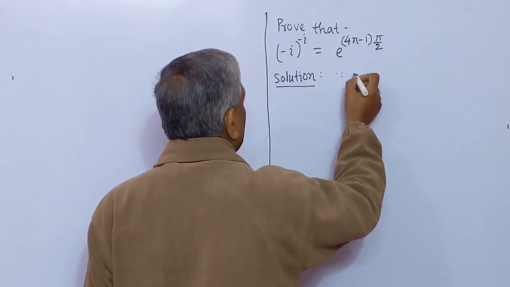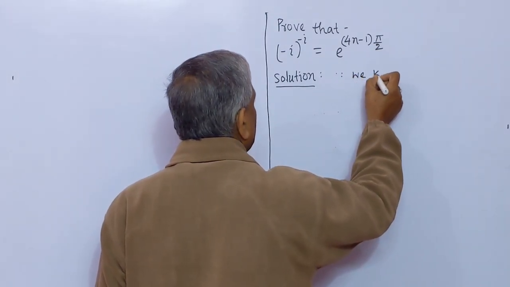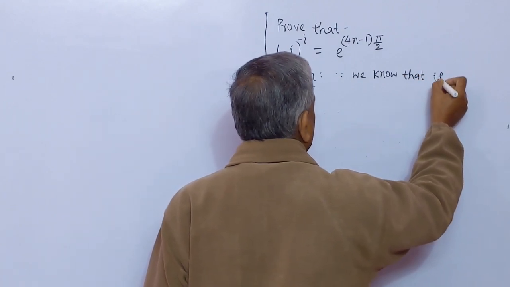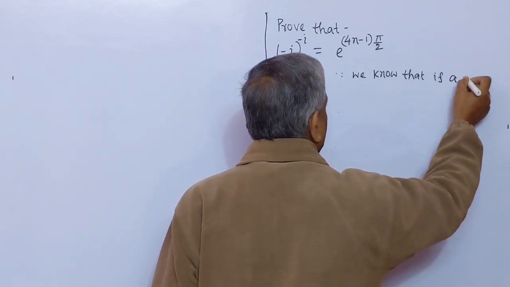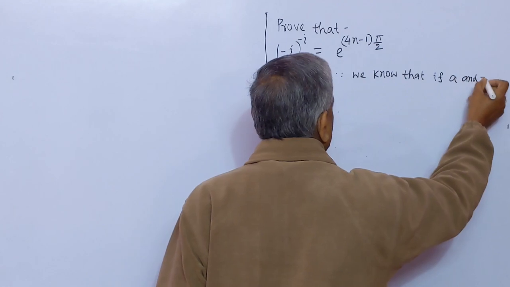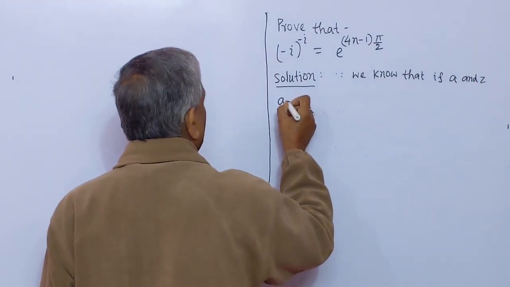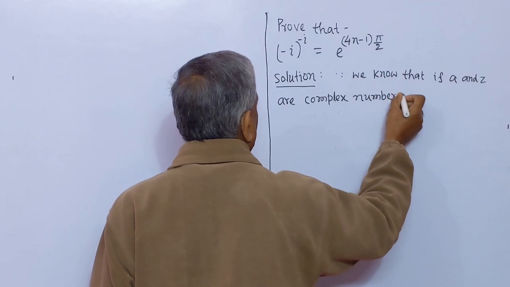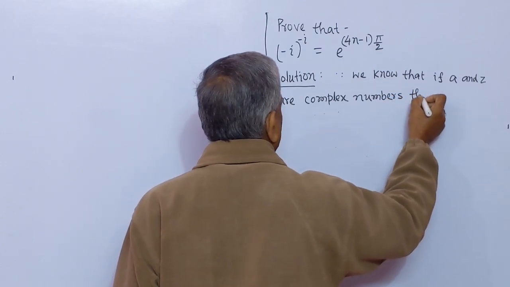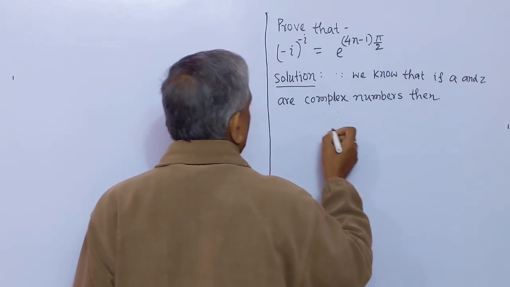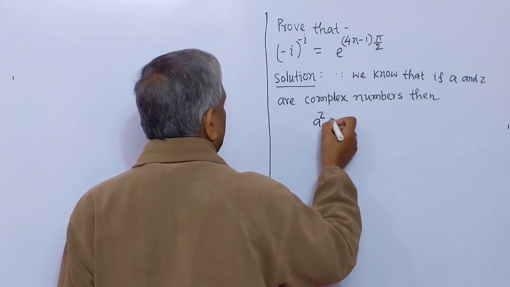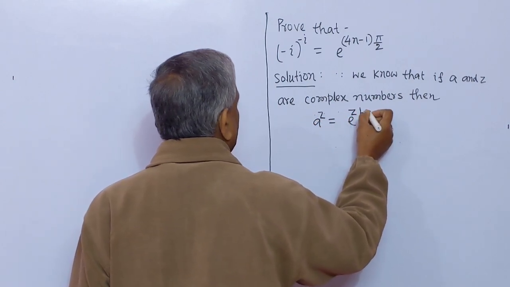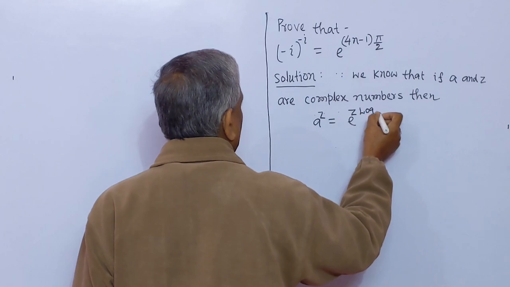Since we know that if a and z are complex numbers, then a^z = e^(z Log a).